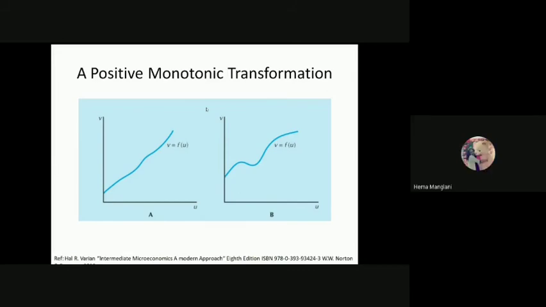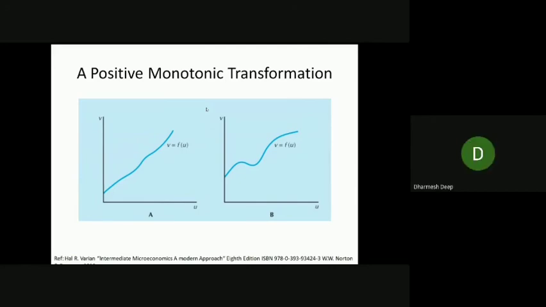Monotonicity is also part of well-behaved preferences. So how do you define monotonic preferences? I hope you have all done the mathematics. Mathematically, how would you define it?